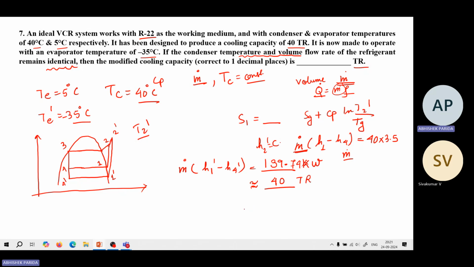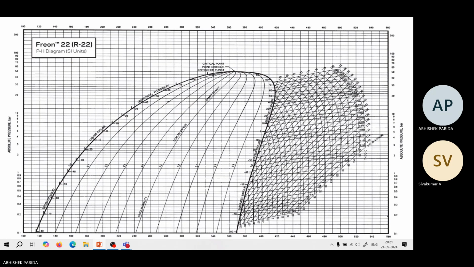So the best way, as I always say, is referring to the p-h chart if these values are not given to you. See the simplicity if you follow this Freon 22 p-h chart. Earlier it was 0 degrees Celsius, sorry, it was 5 degrees Celsius.